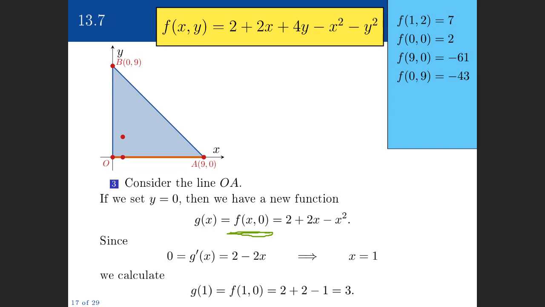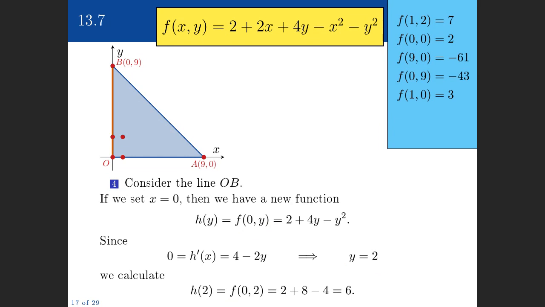What are the critical points of this function? Only x equal to 1. So we want to calculate f at the point (1, 0), and we find that that is equal to 3. And let's put this number in the blue box.